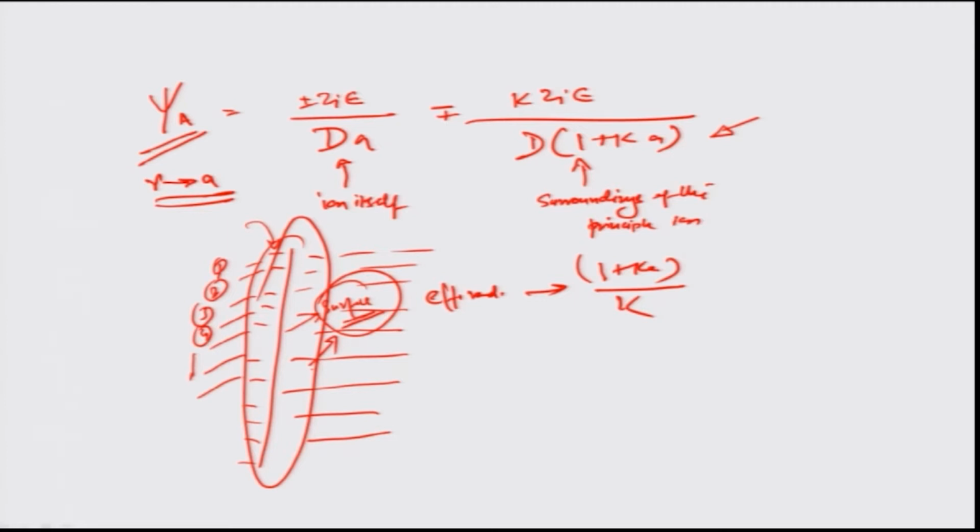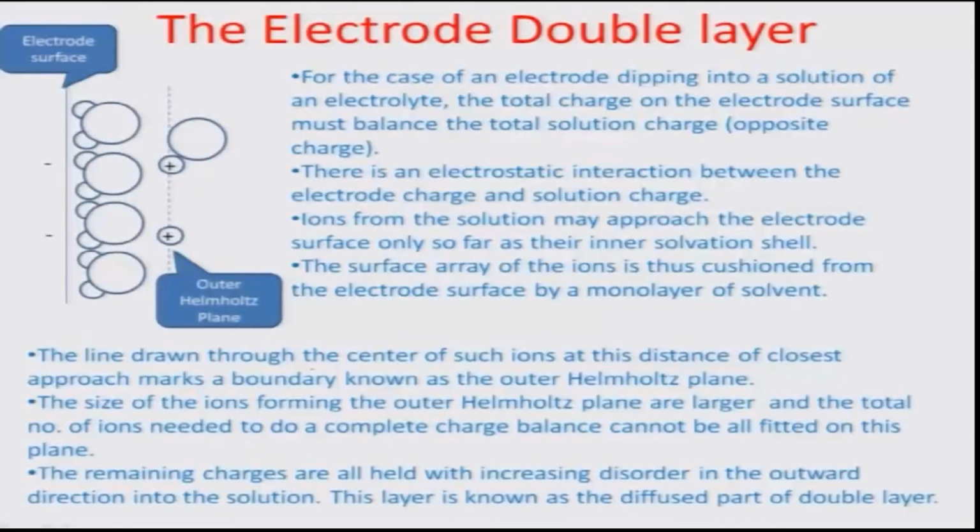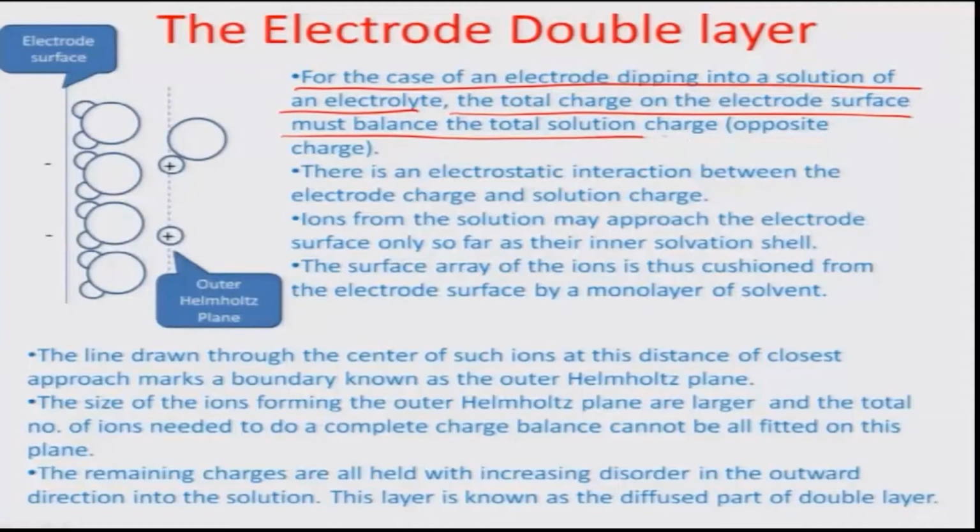Immediately when such a distribution happens, for the case of an electrode dipping into a solution of an electrolyte, the total charge on the electrode surface must balance the total opposite solution charge, because obviously if there are negative species on the surface, it will attract all the positive ions from the solution.